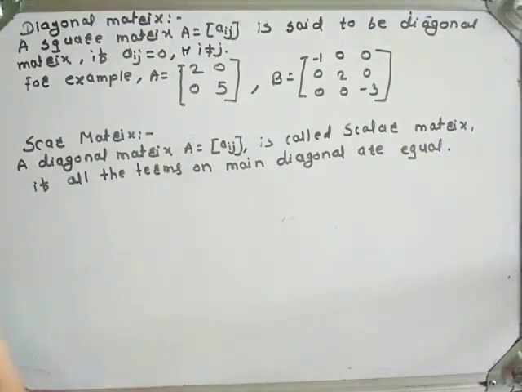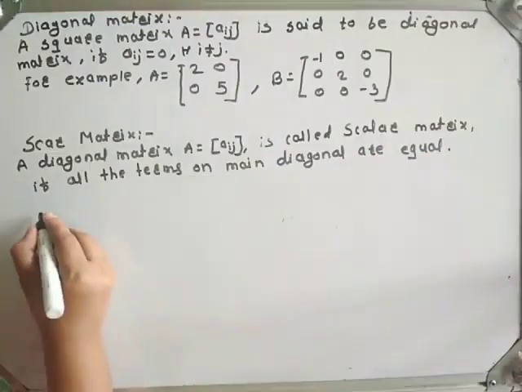A scalar matrix is nothing but a diagonal matrix in which all the terms on the main diagonal are equal.